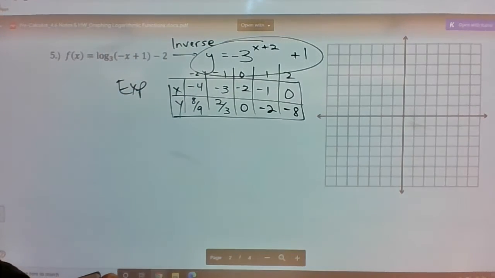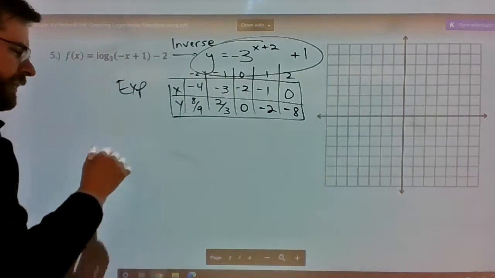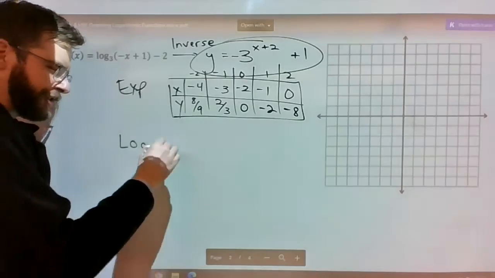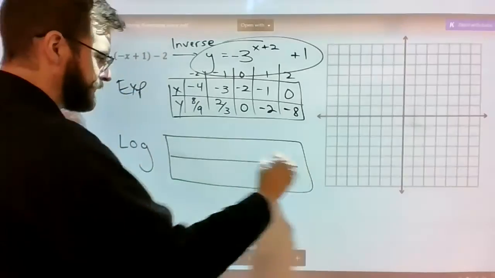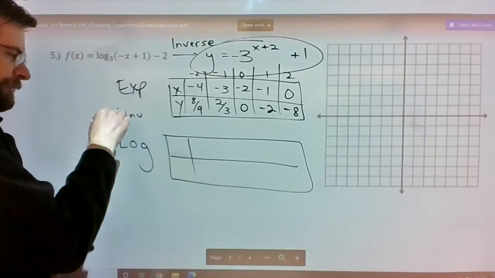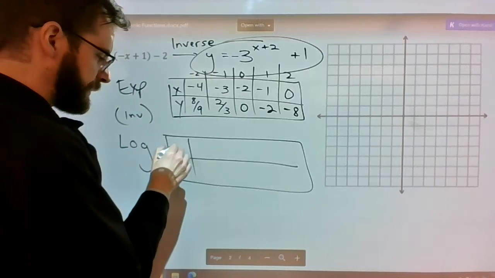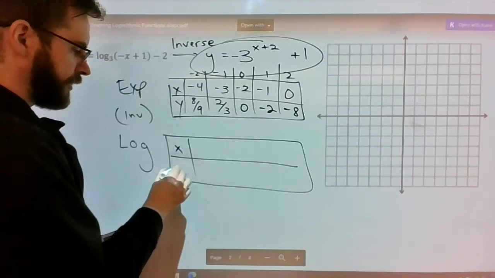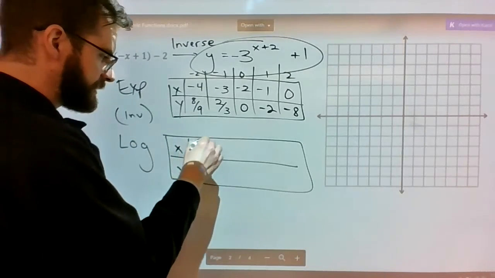All right, so hopefully we're seeing the picture here. These are inverses of one another, so the y values become the x values become the y values, and everything gets flip-flopped.